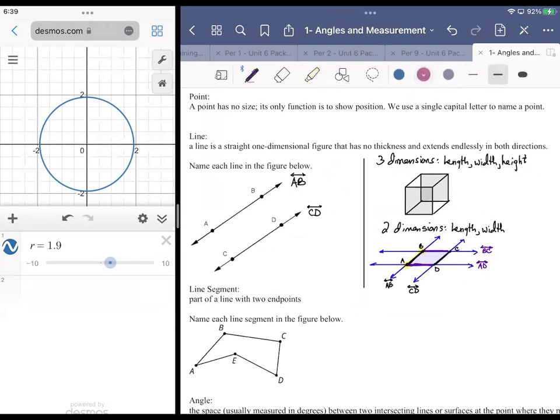Right? So I'll just go to this example here. Line segment AB would be this little pathway here. It's not infinite. It's not going forever on in that direction or that direction. So I'm just looking at line segment AB. So give it a little bar over. Right. For those of you who have experience with statistics, you might be familiar with the symbol for a mean, X bar.